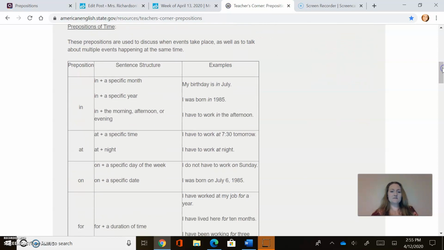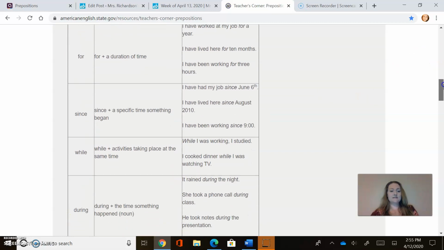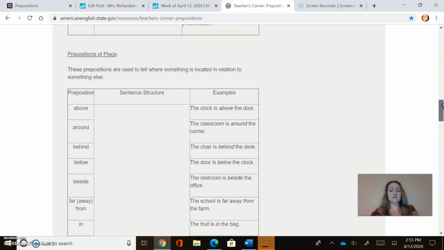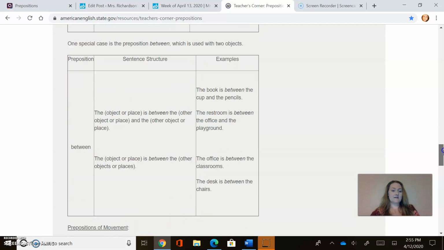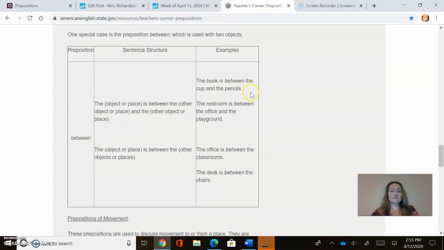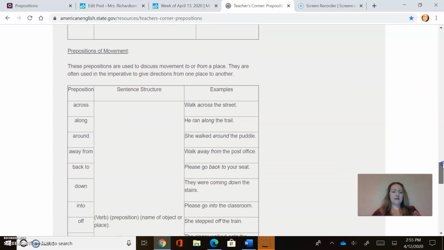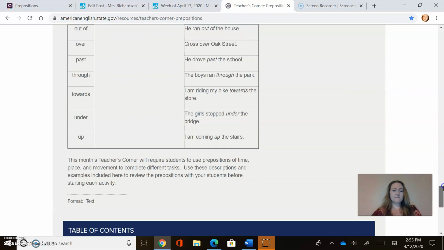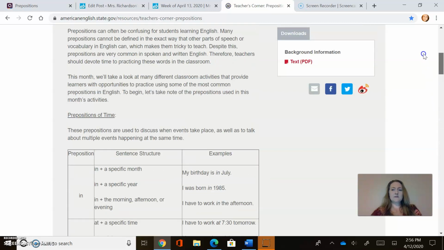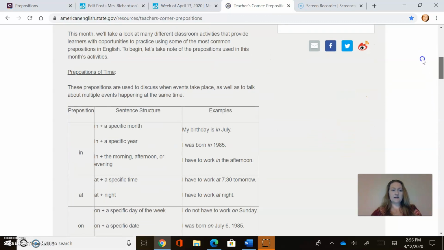It's about the prepositions, so showing you prepositions of time, using in, at, on, for, since, while, during, prepositions of place, between is a special preposition because it's between 2 objects, and then movement is here. Okay, so this website is going to be really important for you to refer to.